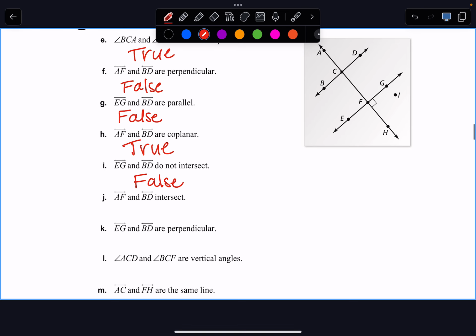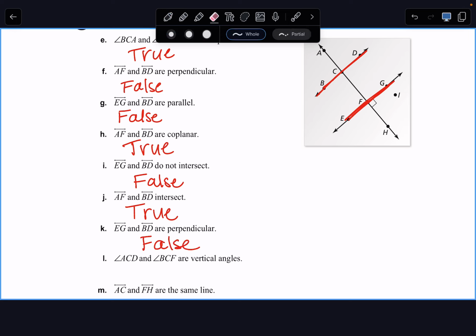AF and BD intersect. We can see their intersection. What is the intersection? Okay. Great. EG and BD are perpendicular. Where's EG? EG and BD are perpendicular? Oh, that's not even close to being something that's true, huh? Okay. All right.